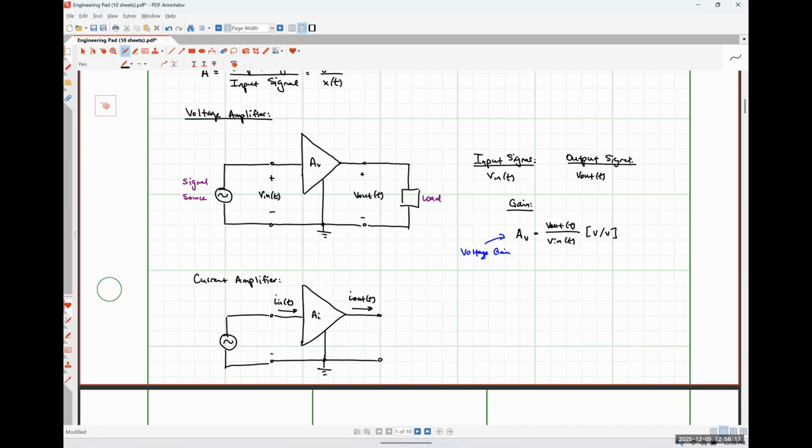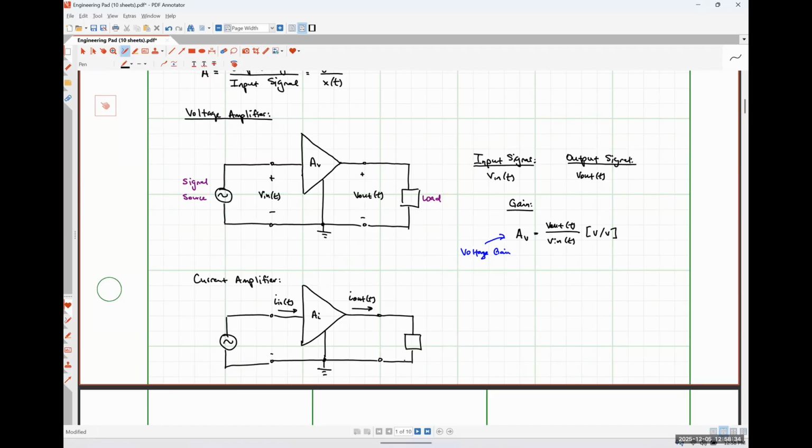And the output signal is going to, once again, drive some sort of load, like so. I'm not going to bother writing down signal source and load again. Those are just going to be carried through all of them.